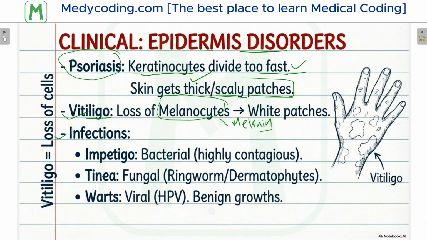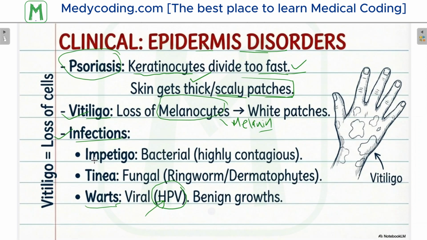Next is infection. The most common infection is warts. Warts are benign growths on the skin caused by the HPV virus, that is known as human papilloma virus infection. For warts, we have some codes for surgery. You'll see this in the CPT code.